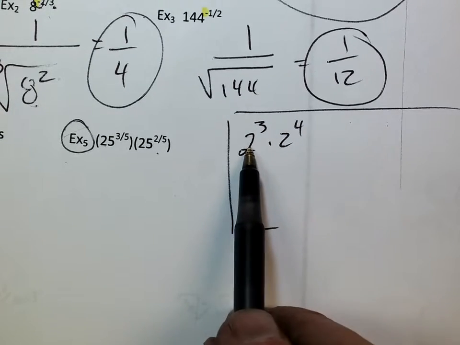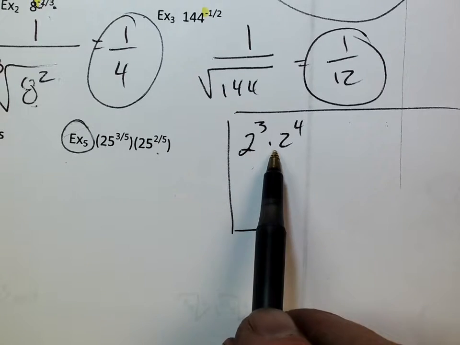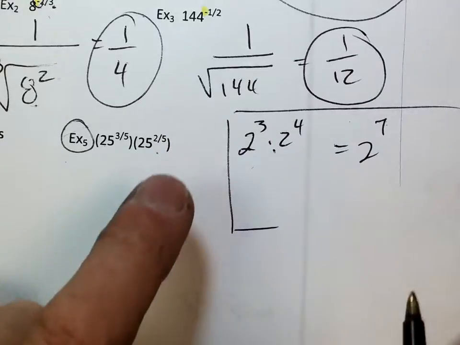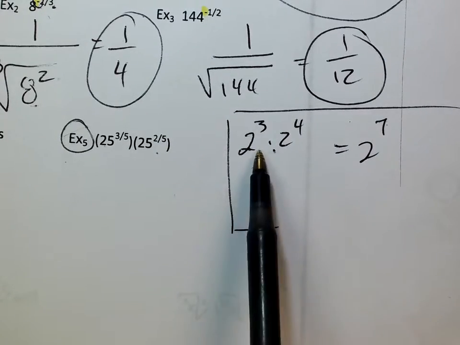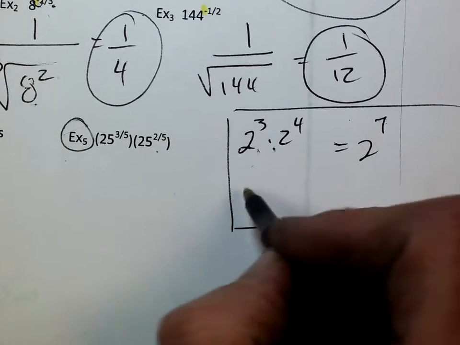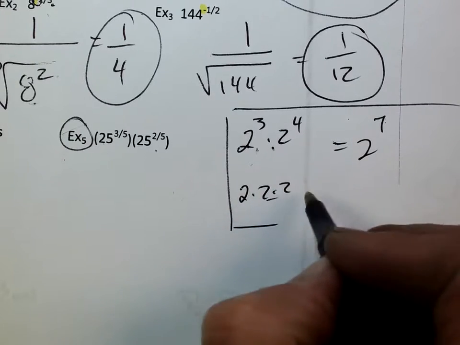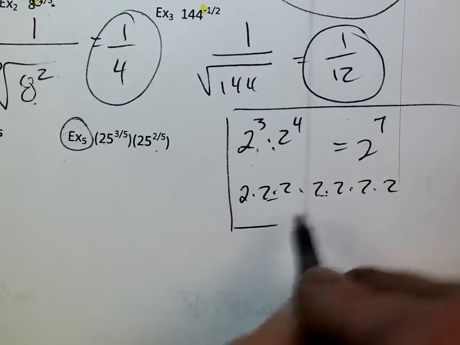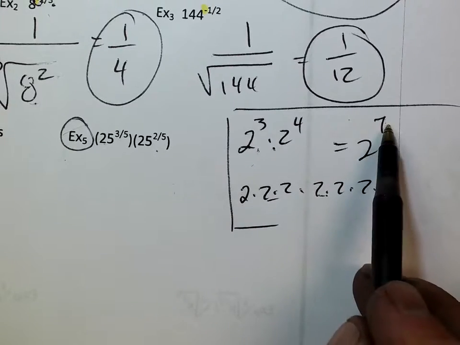This is really 2 times 2 times 2. There's 3 2's, right? And there are 4 2's, so the answer really is a total of 7 2's. Not 4, right? Because this really means 2 times 2 times 2 times 2 times 2 times 2 times 2. So what we really have is 7 2's.